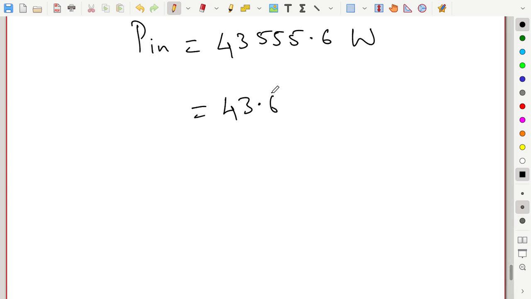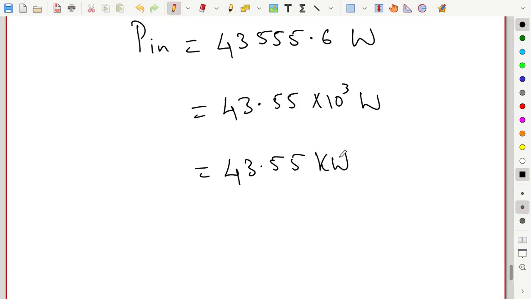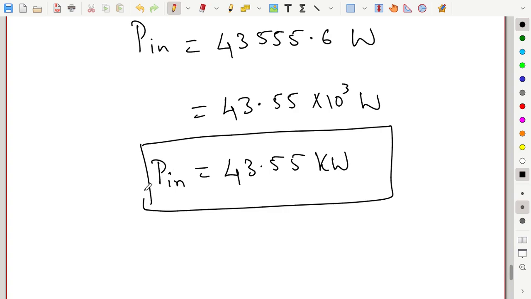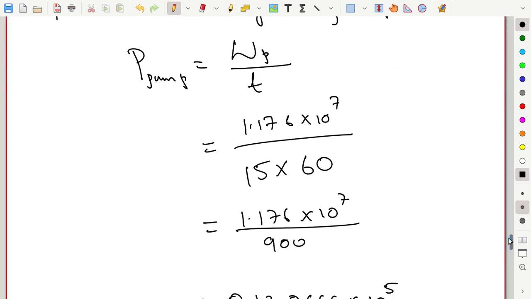So you can write it as 43.55 kilowatts. Kilowatt is 10 power 3 watts, so instead of 10 power 3 we can use the kilo. So this is the input power, the electrical power supplied to the pump to perform this work. So this is what they asked: the electrical power consumed by the pump to perform this work.